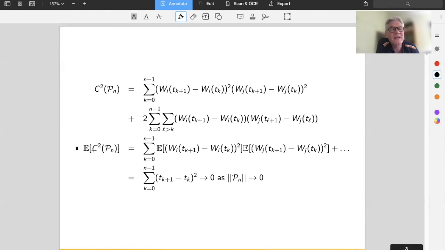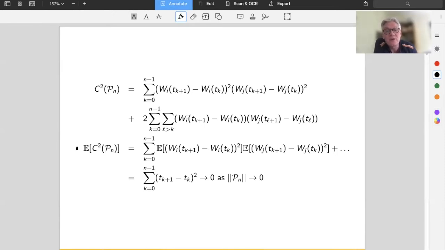Taking the expectation of C squared is then the expected value of this first term, and of course we can take the sum out because of the linearity of the expectation: the expectation of Wi(tk+1) minus Wi(tk) squared times the expected value of Wj(tk+1) minus Wj(tk) squared, plus the expectation of the mixed term.